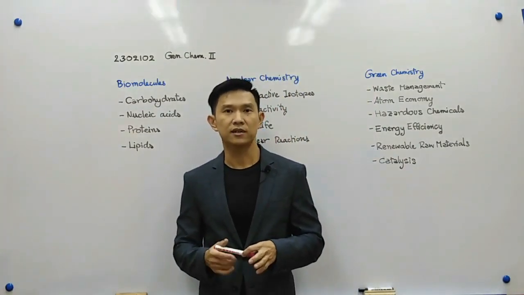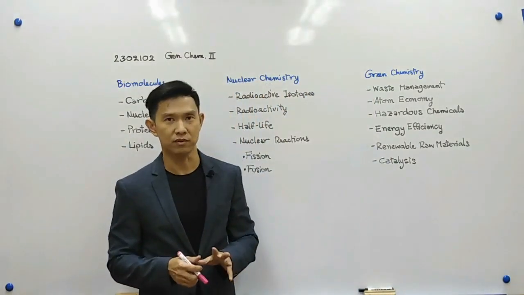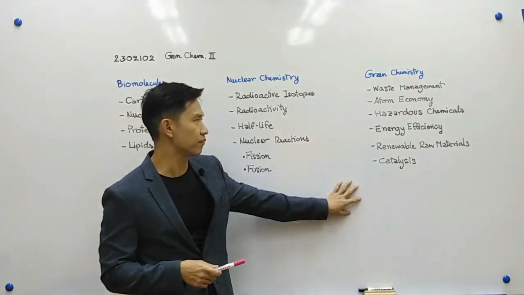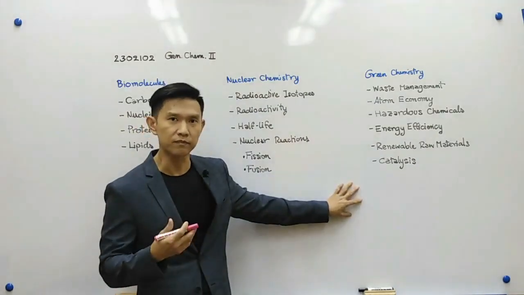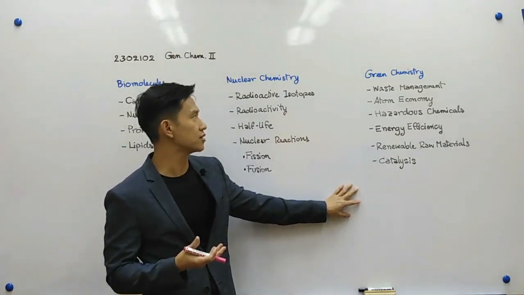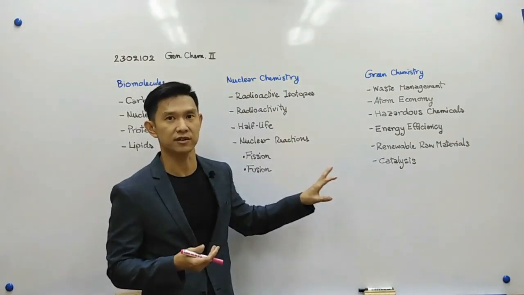But anyway, because this chapter is quite simple, I decided to use this as your take-home exam. So let me start with the assignment for you in green chemistry first.